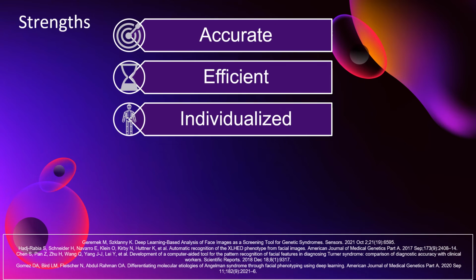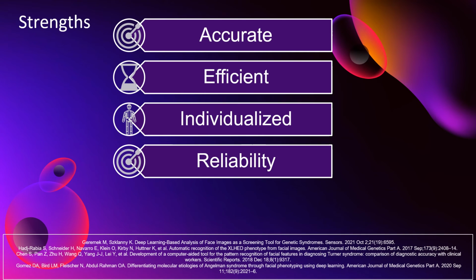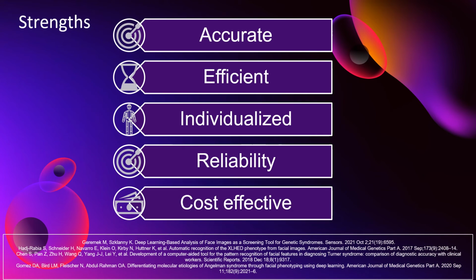They can help to individualize genetic testing, resulting in cost savings. They are especially useful in the diagnosis of rare genetic disorders which may be easily missed out by clinicians. In areas where facilities for molecular testing are limited, facial recognition applications may assist in prioritizing a diagnosis so the limited resources are spent wisely.